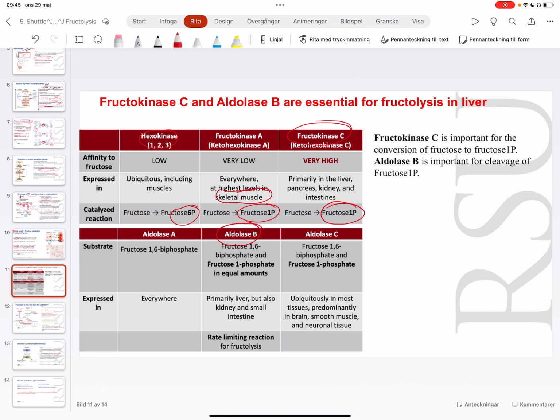And this step is the slow step, so it's also the rate limiting step. But just remember, fructokinase C and aldolase B are important for fructolysis in the liver.